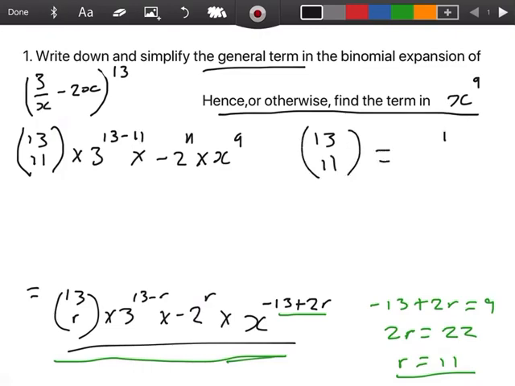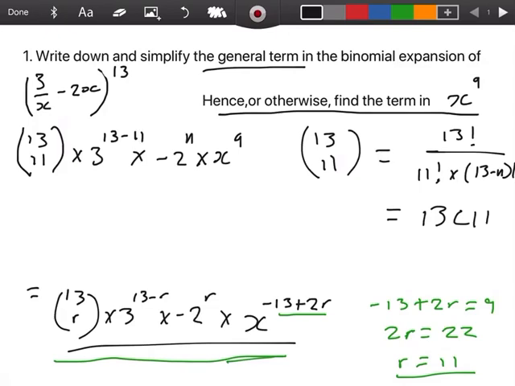So 13C11, if you'll remember, is 13 factorial over 11 factorial times 13 minus 11 factorial, just to give you a quick revision of factorials. You can also write it in your calculator as 13C11.